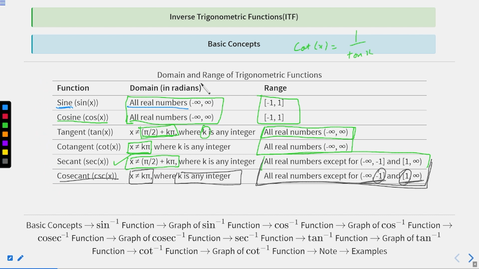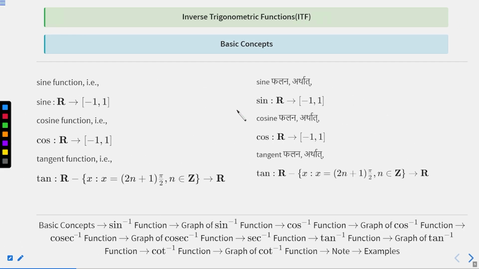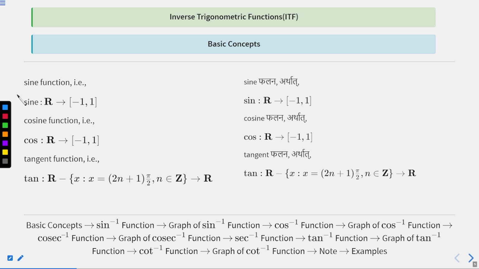In order to start with ITF, one must know these basic things about these 6 trigonometric functions and their domains and ranges. Let's move to the next. What must be known to us is what we already saw: the sine function is from R to [-1, 1].